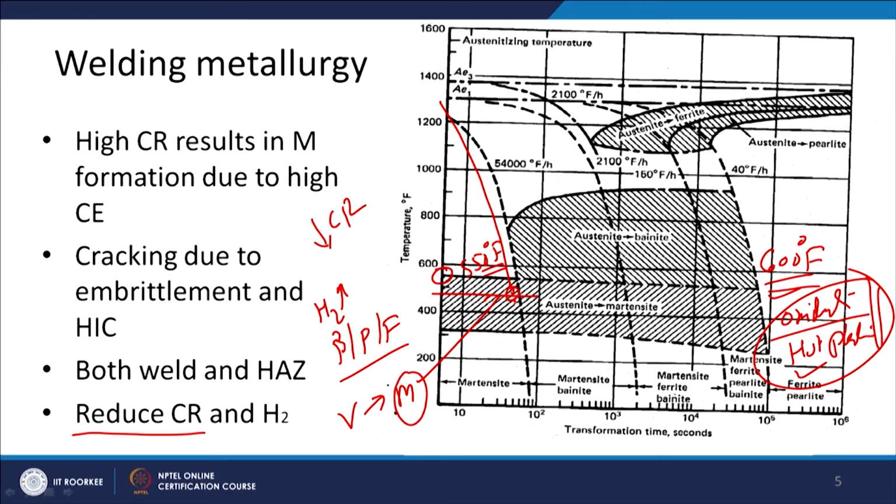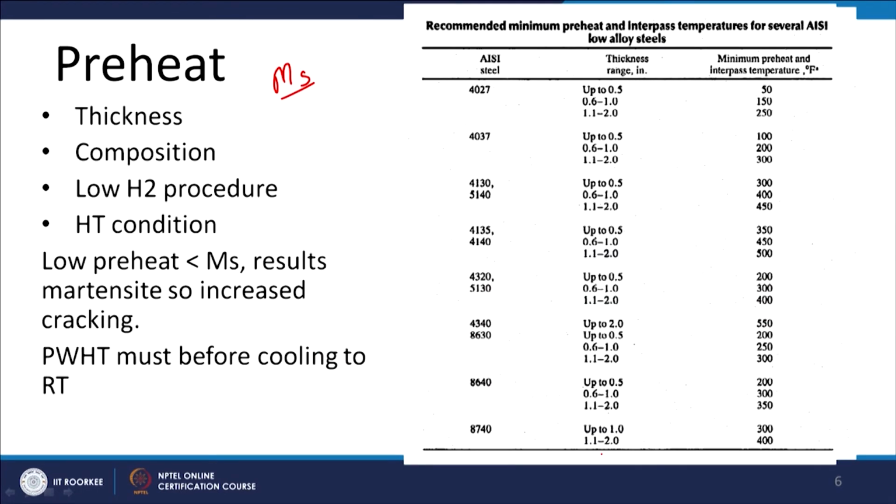We should not allow the steel plates to be cooled down to the room temperature in that case, because if the preheat temperature is lower than the MS temperature, it will lead to martensite formation, which will lead to increased cracking tendency.